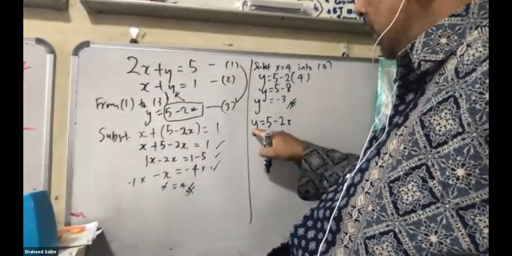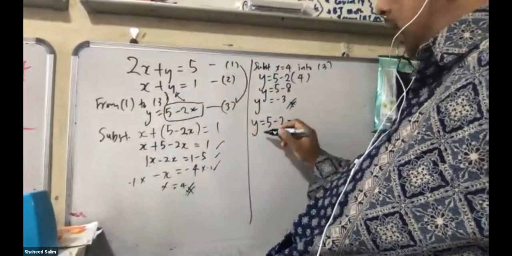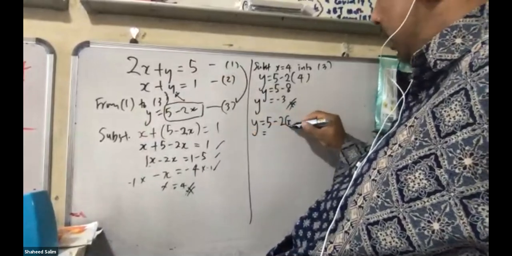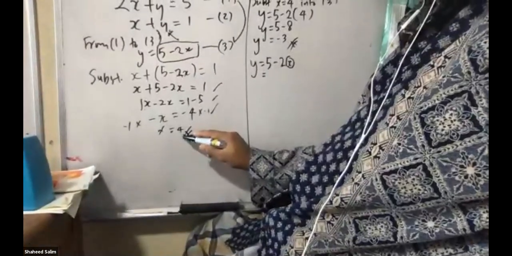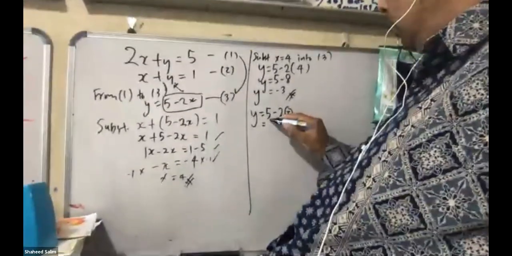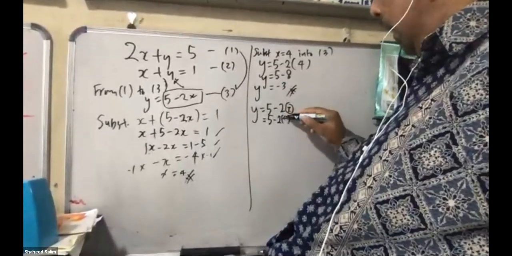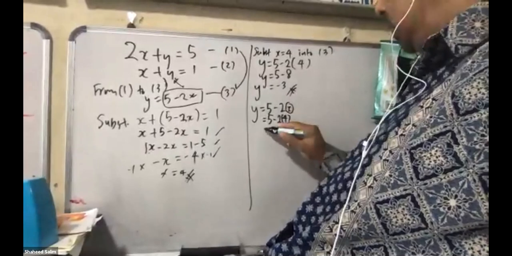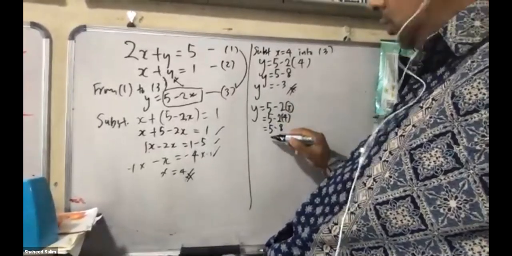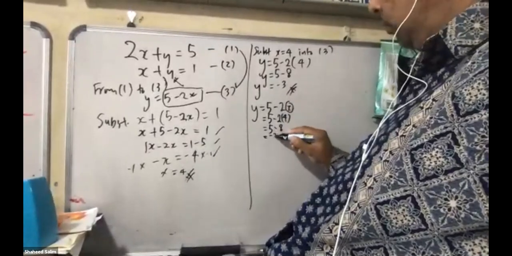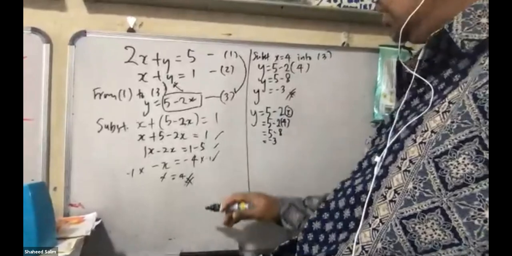Because I can find y straight away. I just put in the value of x. What's the value of x? The value of x is 4. So 5 minus 2 times 4, which is 5 minus 8 equals to -3.